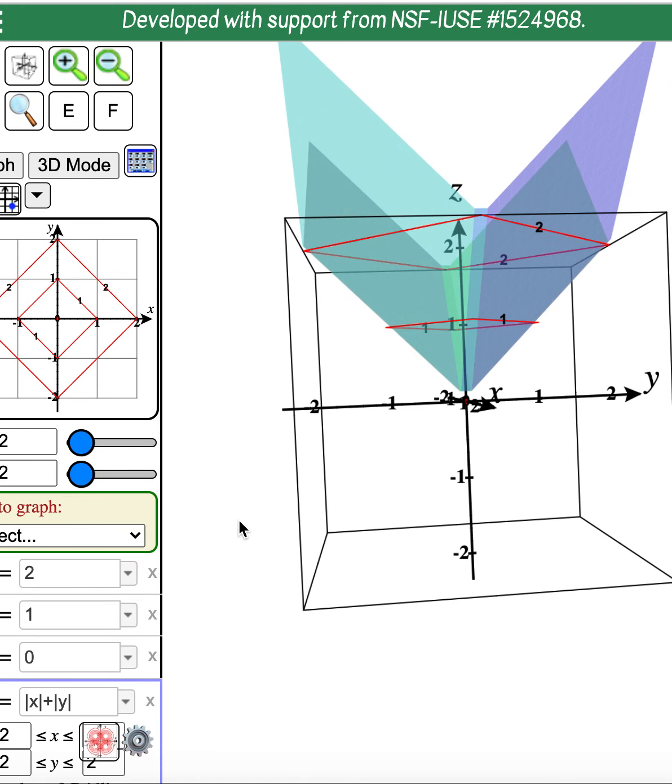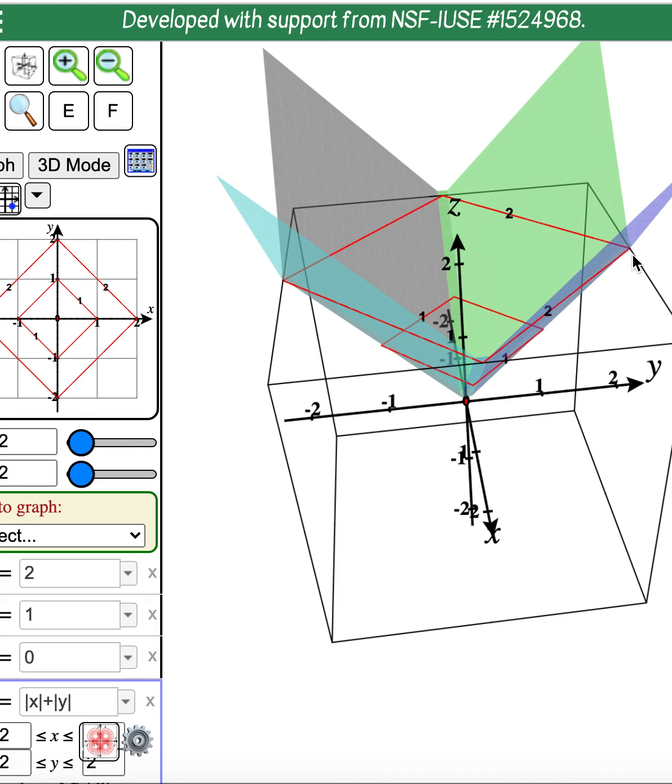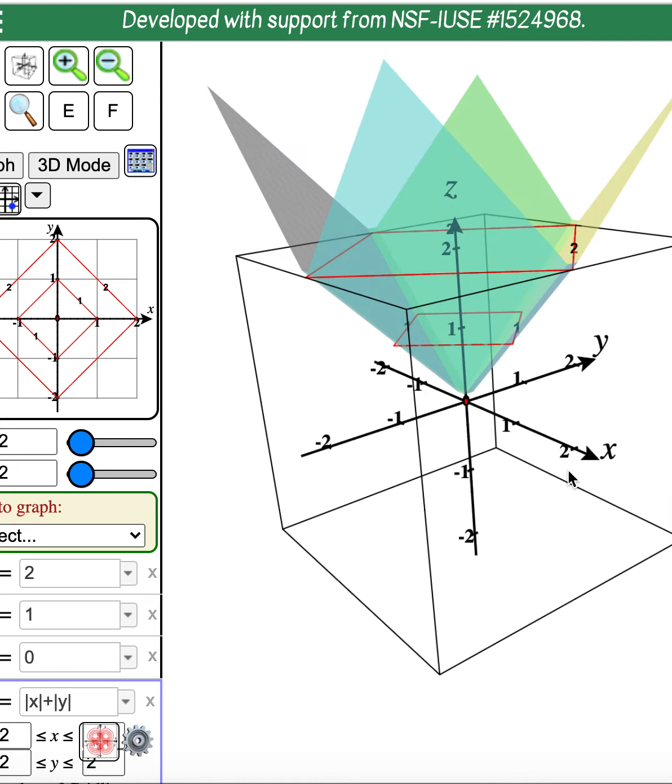Yeah, and so you can see that the level curves are like topographical lines on a map. All the points on the level curve have the same elevation. It's an elevation of 2. Then when we look at this level curve, it's got an elevation of 1, so it's lower in height. And then here is the level curve for 0. It's just a dot. And that's the lowest valley in our surface.